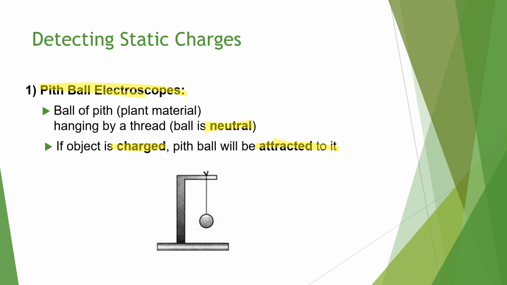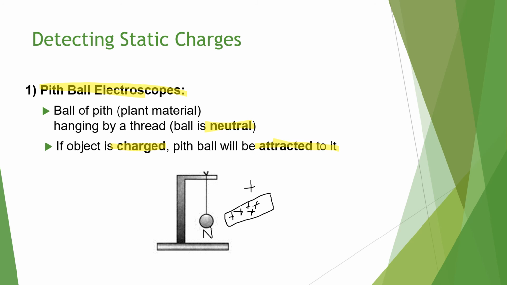So for example, if you bring an object close and it's positively charged, so overall it has a positive charge, and the pith ball is neutral, well, that's a neutral object coming close to a positive object.